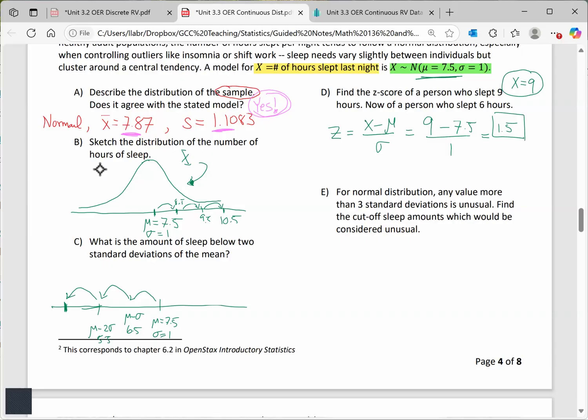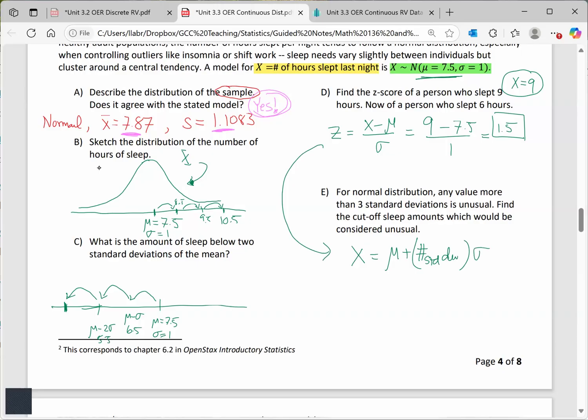All right, and then part E: for the normal distribution, any value more than 3 standard deviations is unusual. Find the cutoff sleep amount which would be considered unusual. So again, you can do this just by hand. We can go ahead and rearrange this, and we get that the value X is given by: go from your center, and then you go the number of standard deviations times the standard deviation.